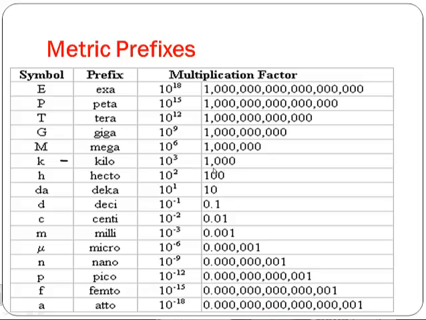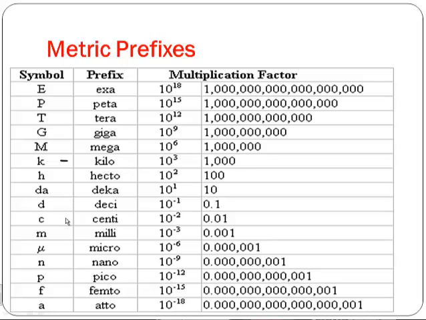It is equivalent to 1,000. So a kilo anything, kilogram, kilomole, kilometer, kiloliter, anything is the same. It's 1,000. There are 1,000 of the base units in each kilo.